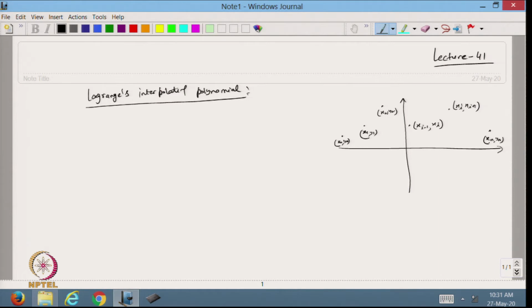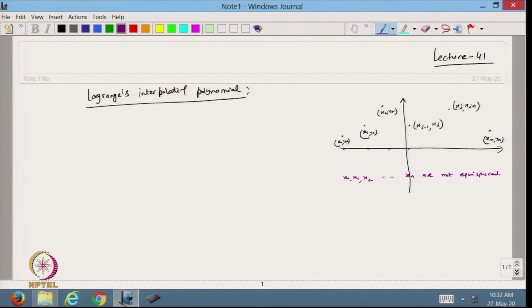So, these are n plus 1 data points given to me. These nodal points x0, x1, x2, up to xn are not equispaced.